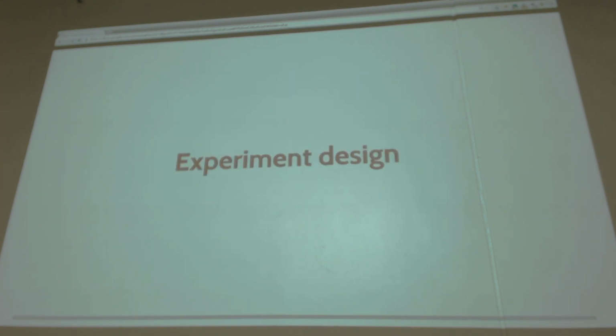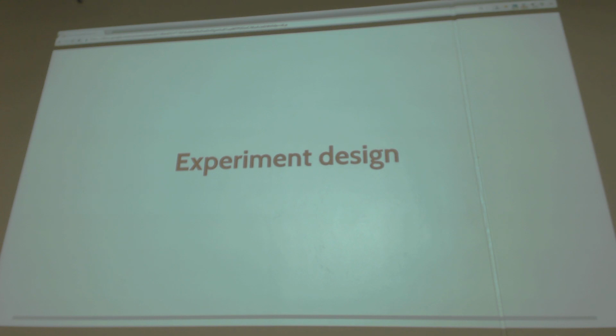Okay, now the time has come to talk about experiment design. For much of the rest of the talk, we'll be talking about how to extract a lot of information from a small number of data points. And this has 2 parts. Part 1 is how to choose the points, and part 2 is how to extract information from them.